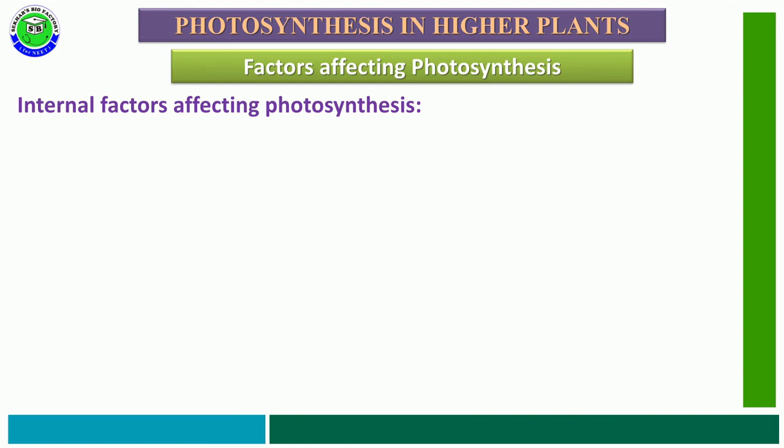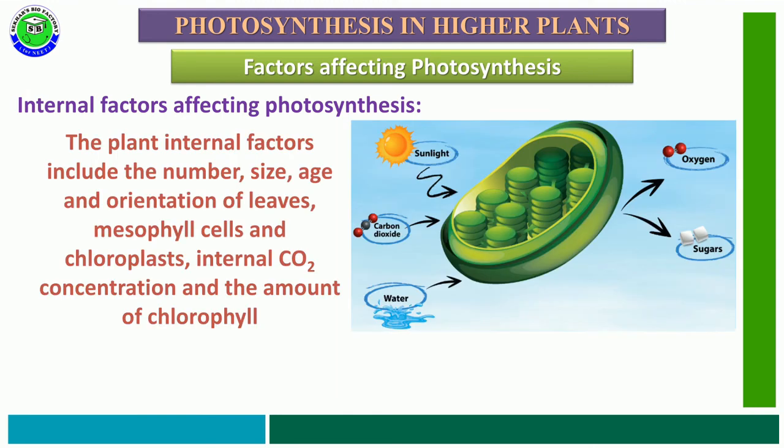Along with this, some internal factors also affect photosynthesis. Plant internal factors include the number, size, age and orientation of leaves, along with mesophyll cells, chloroplasts, internal carbon dioxide concentration, and the amount of chlorophyll pigments present in chloroplasts.